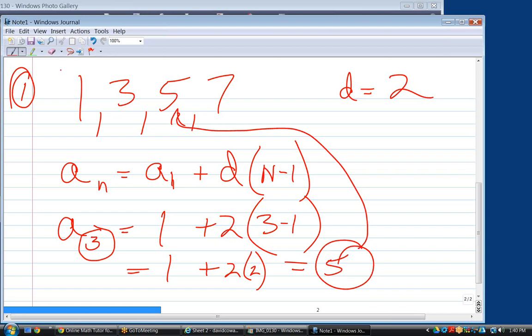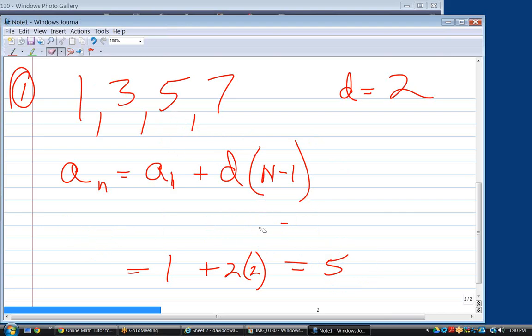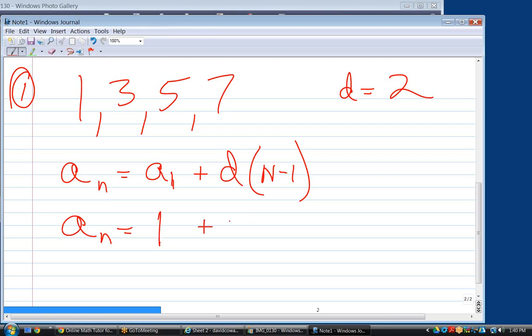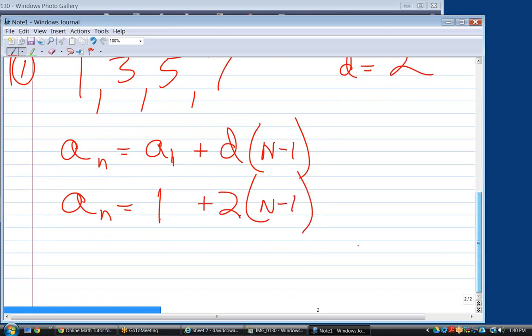Okay? So, if we were to take this sequence right here, the one I've written, and figure out what the specific rule is for this sequence, then I would say a sub n is equal to the first term, 1, plus the common difference, 2, times n minus 1.